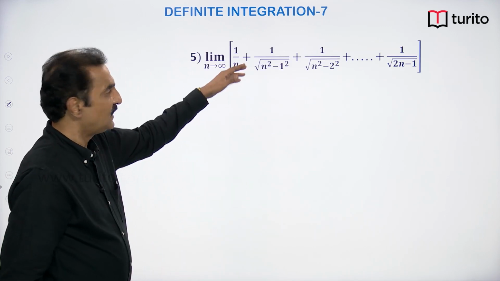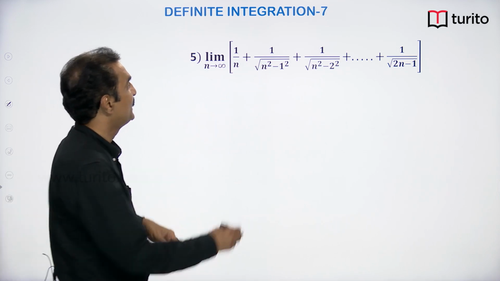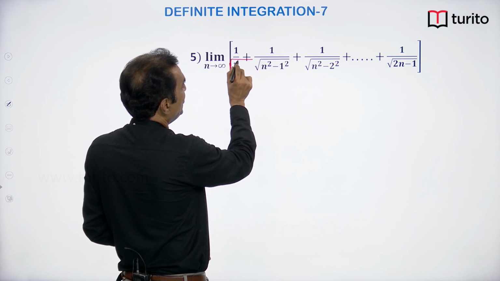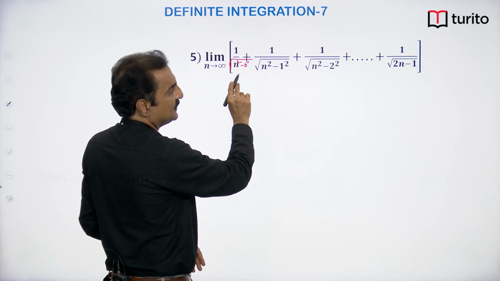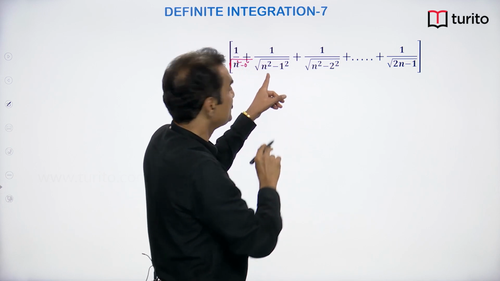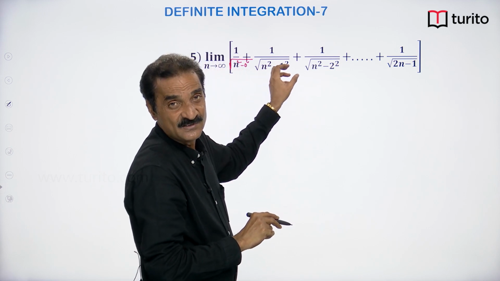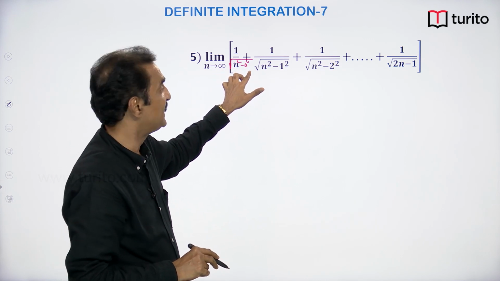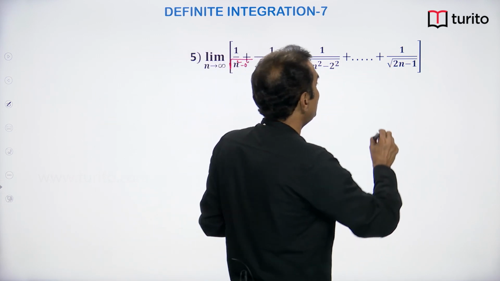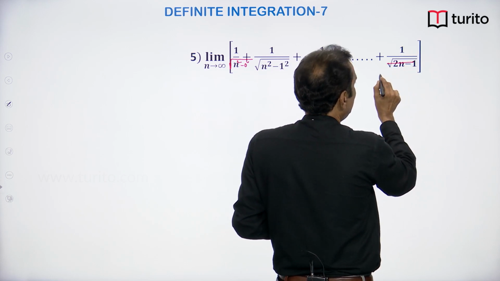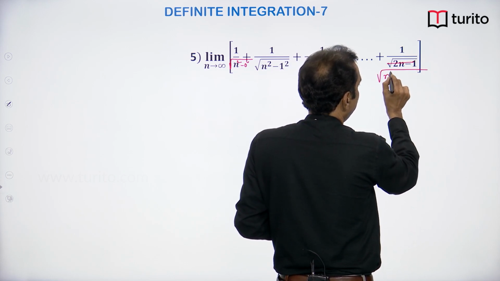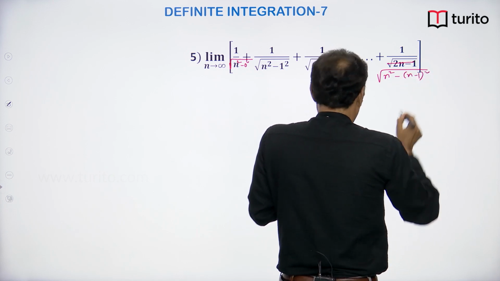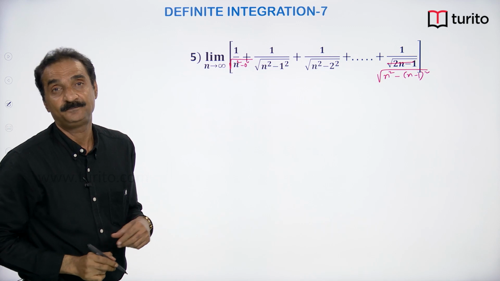In the next question, I will write direct steps. First term can be written as 1 by root over n square minus 0 square. See, all terms are in the form of 1 by root over n square minus something whole square. Last term can be written as 1 by root over n square minus n minus 1 whole square.